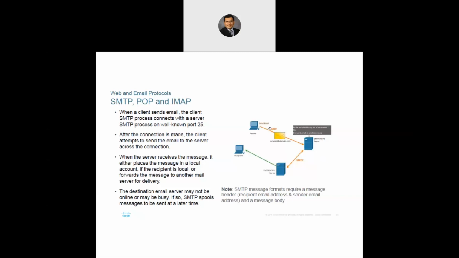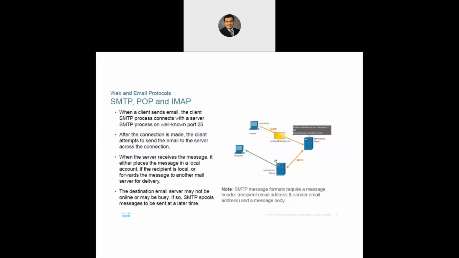If you're sending from Curtin, it goes to your Curtin server. But if you're sending from your home, it goes to your ISP, and then from your ISP to your Curtin server, something like that. Okay.